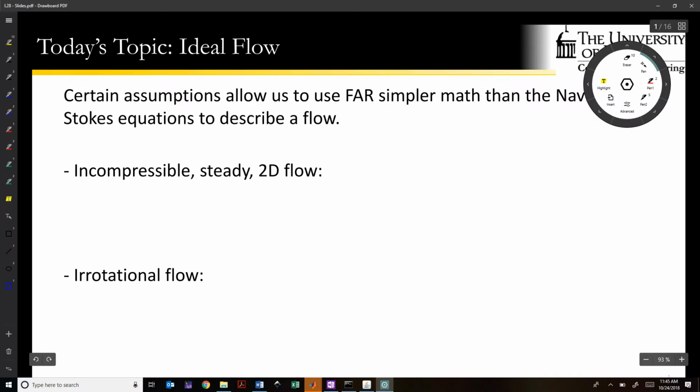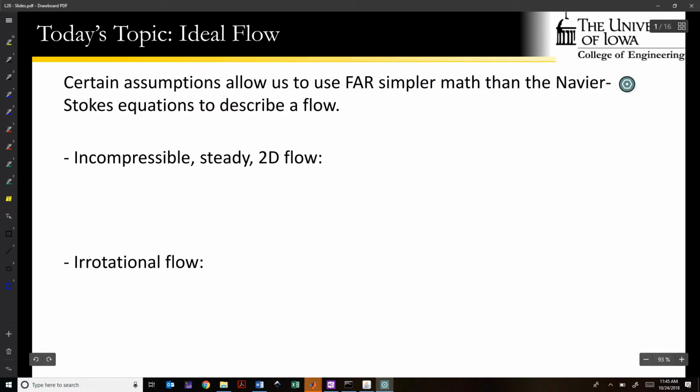I don't want to leave it totally untouched, but the idea is not to make you do any hard math or make any problems, but simply show you what can be done if we use certain simplifications in the way we approach flows. So we've talked about Navier-Stokes. This is sort of the full bore, the all-in equations of motion. That includes viscosity. It includes shear stress, rotation. It'll describe any flow that is Newtonian, incompressible, and continuous.